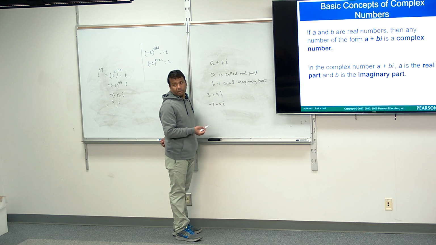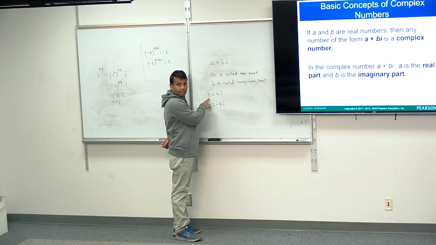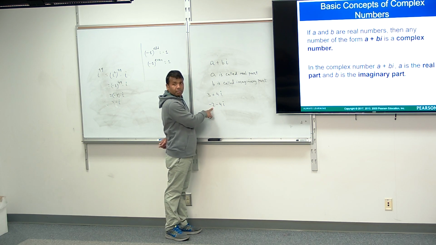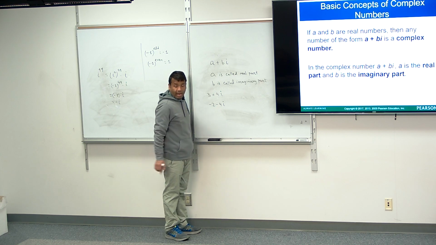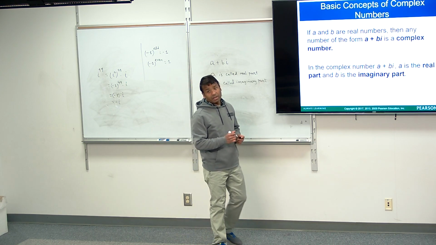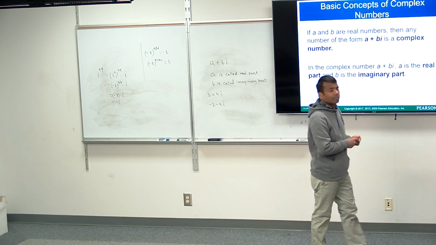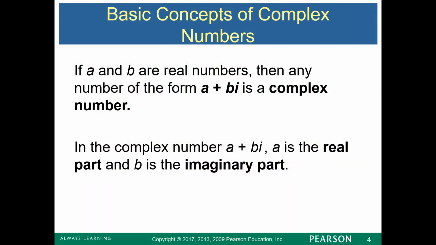This is a complex number. 3 is the real part, 4 is the imaginary part. What is the real part here? Negative 2 is the real part and negative 4 is the imaginary part. Make sense, guys? Good. Okay.